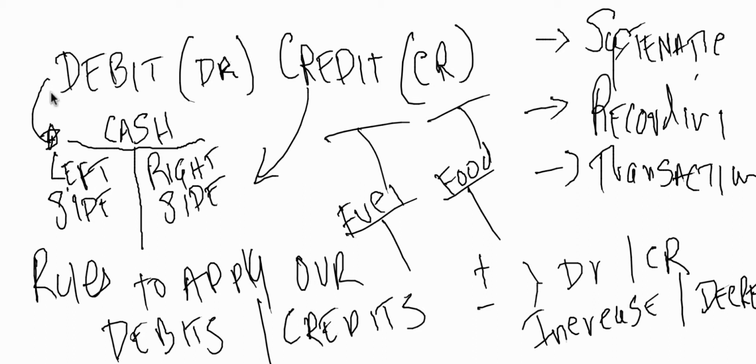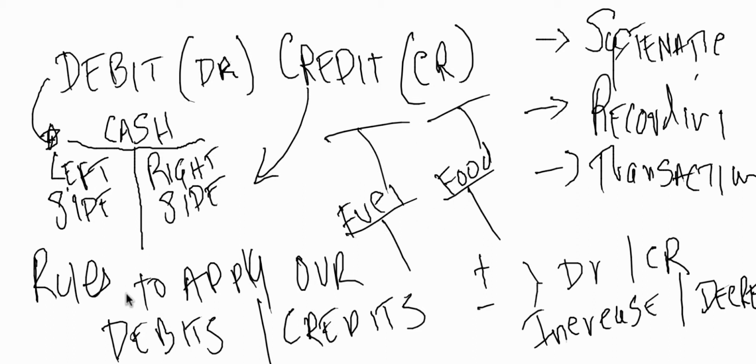Start with our debits and our credits, because that is the way we are going to systematically record these transactions. In order for us to do that, we have to define what a debit and a credit is. Debit is left side. Credit is right side, as it relates to each one of these T accounts. Remember, in accounting, we record all of our transactions in these T accounts.